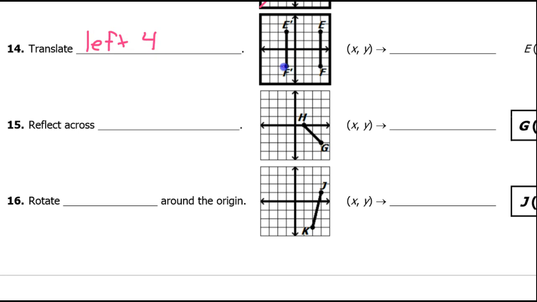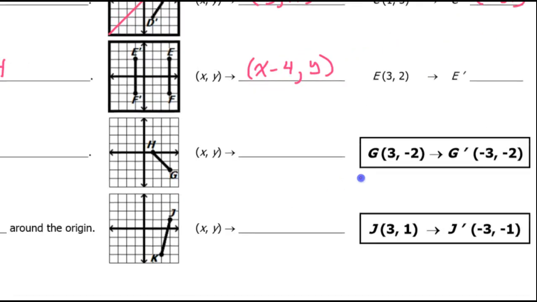Same with point F. I know it's to the left because the original point is point E. The new point is E prime. So I know it goes to the left. A leftward translation is going to change the x value. So left 4 means x minus 4. The y values did not change, so I'll just leave y alone.